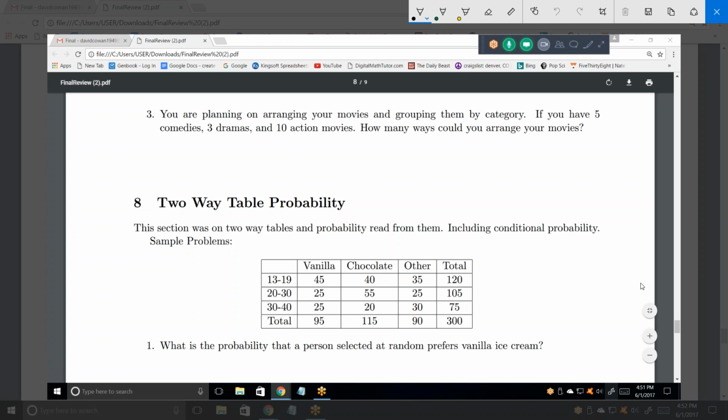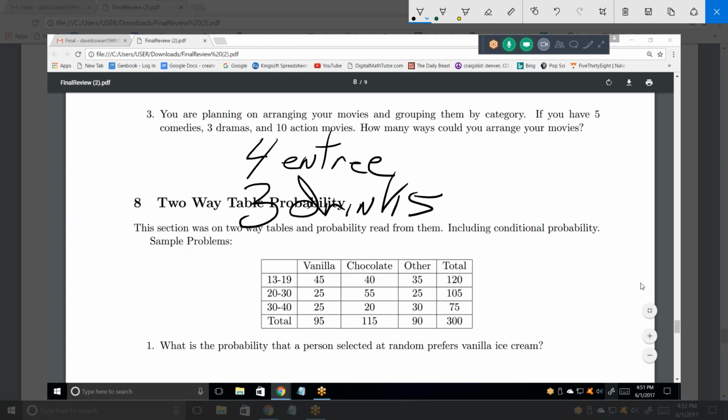Well, let's say you have 4 entrees. You know what an entree is? That's either meat, turkey, meatloaf, whatever. And you have 3 drinks. And you have 5 desserts.